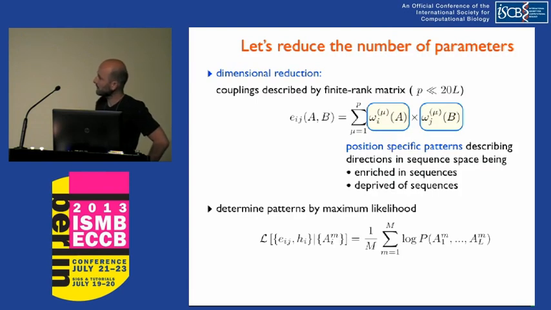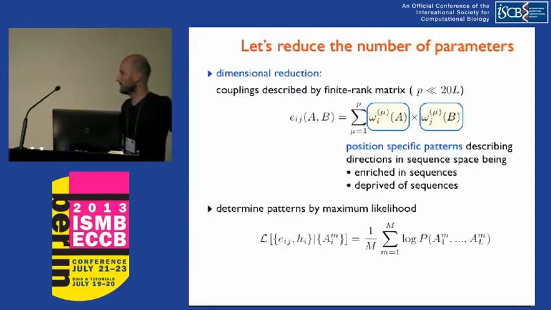So we describe this coupling matrix by a finite rank matrix. It's a bit in the spirit of principal component analysis, where you replace a covariance matrix just by a few principal components. So we write it in this quadratic form via some position-specific patterns, and these patterns look a bit like position-specific weight matrices.